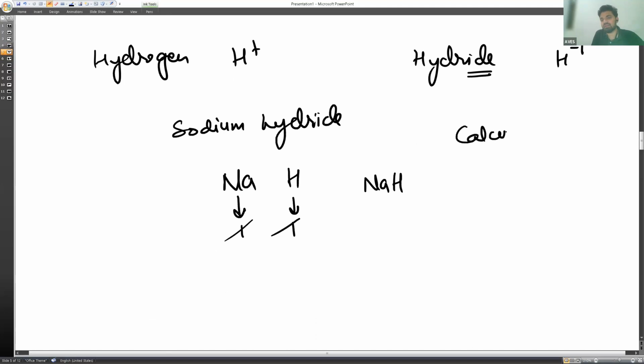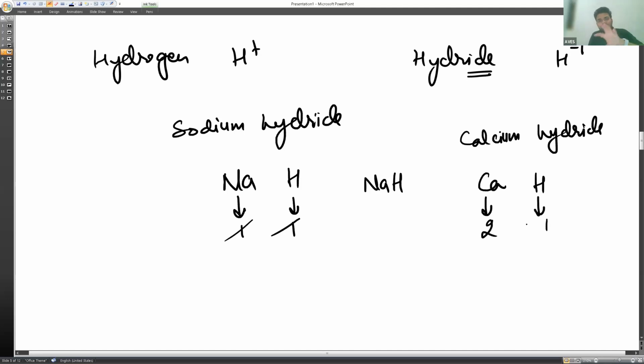Calcium hydride: Ca has valency 2 and hydride has valency -1. Don't worry if you don't know these valencies yet; I'm just going to write them one by one. The formula will be CaH2. Don't write Ca1H2; we don't write the 1. So this is the formula for calcium hydride.